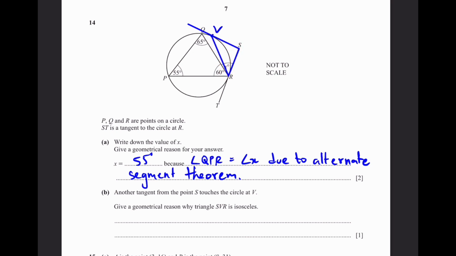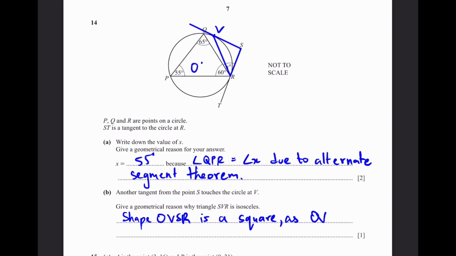And that's why this will be an isosceles triangle. So you can write, let's mark this point as O, or the center. So shape OVSR is a square, as OV equals OR, and therefore SV equals SR, and OS equals VR.